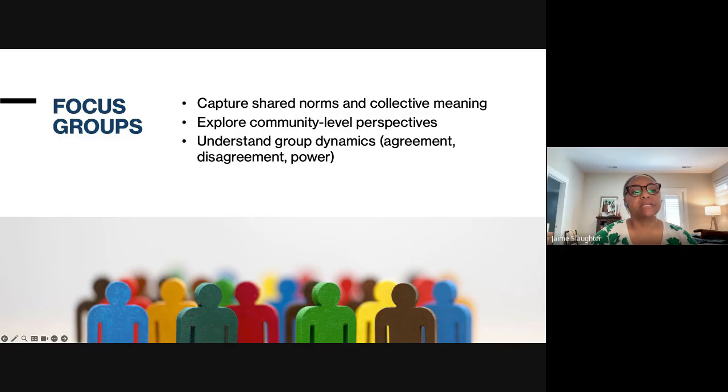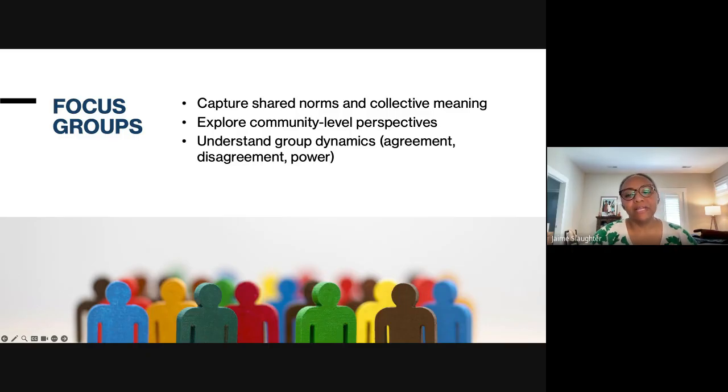You can use them to explore community level perspectives and group dynamics such as agreement, disagreement, and even power dynamics. Their strengths are that they encourage interaction and diverse viewpoints, and they're efficient for gathering a wide range of opinions quickly, in comparison to in-depth interviews.